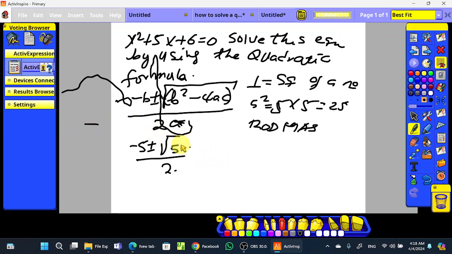Yeah, b square means 5 square minus 4 times a times c, which is 1 times 6, over 2 times a, which is 1.